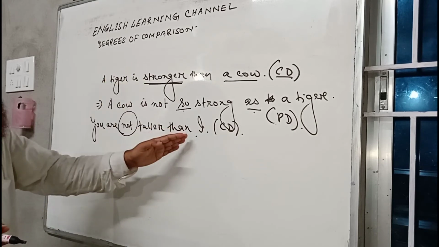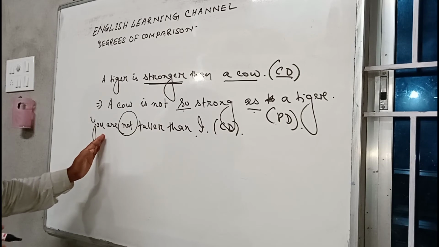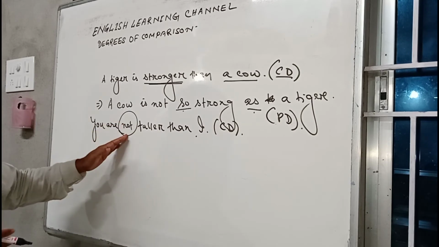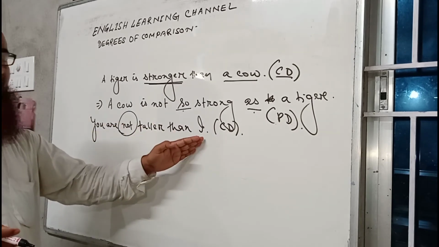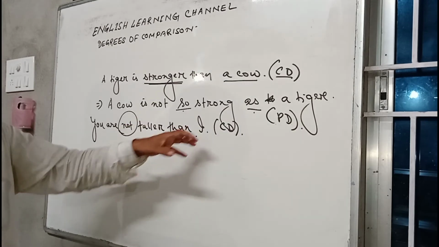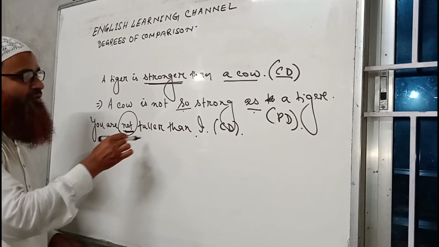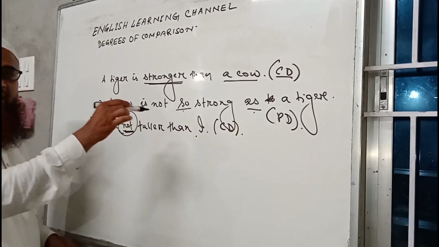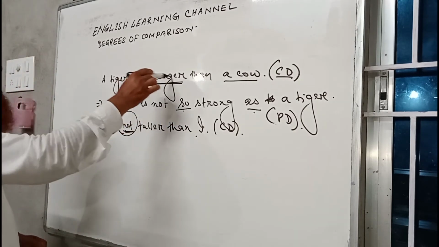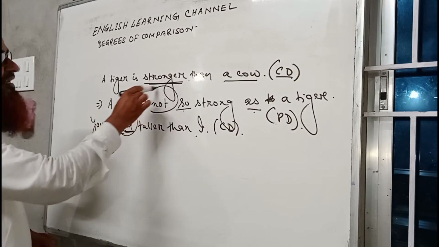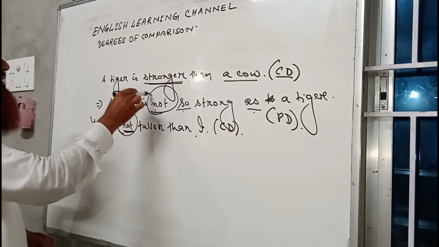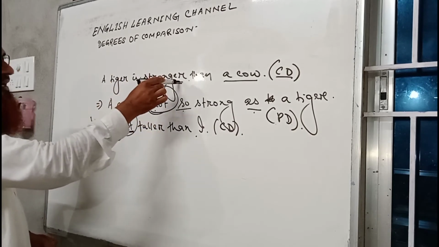That I am as tall as you. Here there is not. That is why we shall not write not in positive degree. If not is present in comparative degree, we should not write not in positive degree.